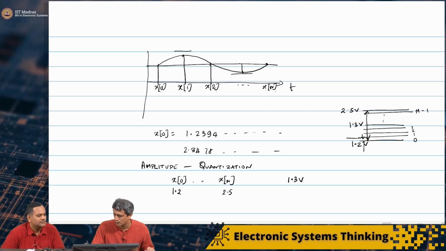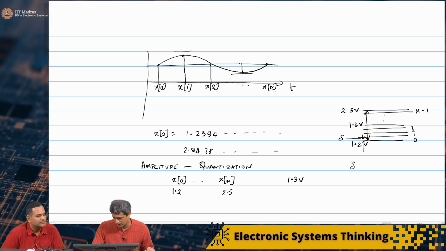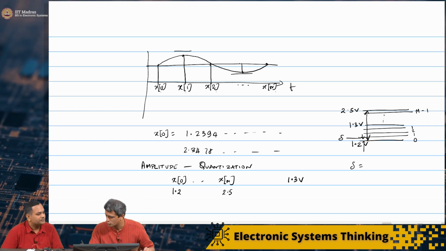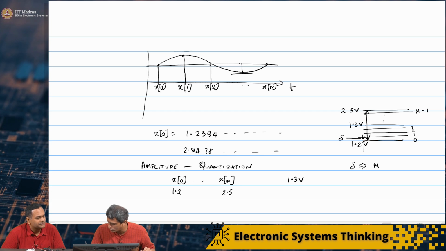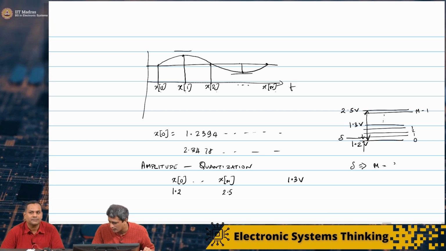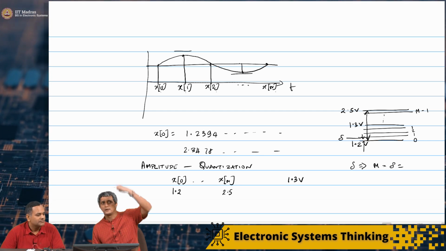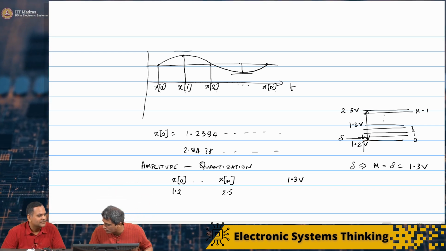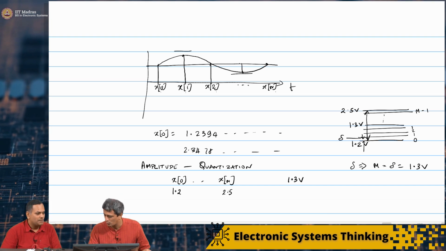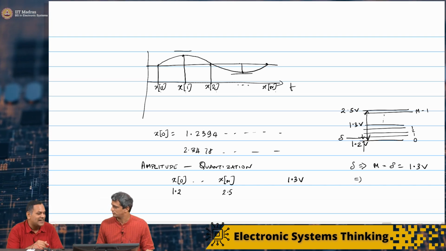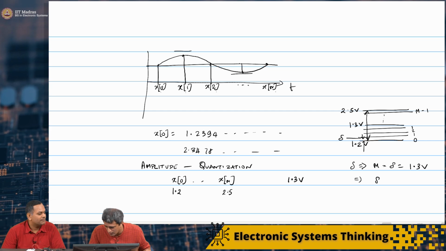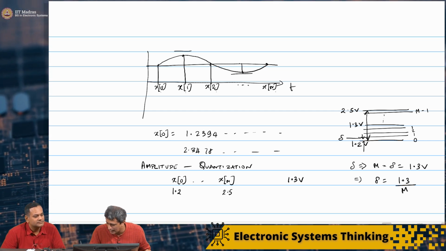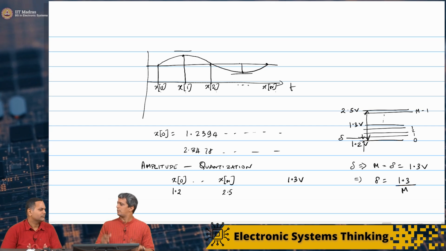If I have m levels, then m times delta should be the range, which is the 1.3 volt that we have in this case. So delta is the distance between the levels. I have m levels, so delta is going to be 1.3 by m.